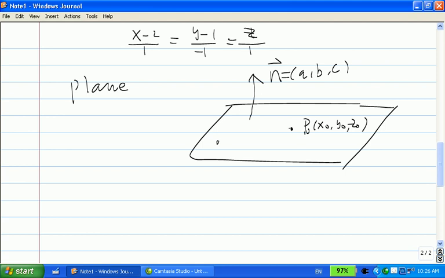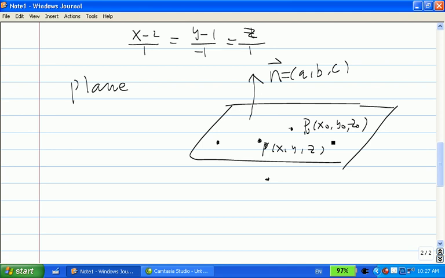Now we want to describe any point on the plane, say P (x, y, z). If this point is on the plane, it must satisfy some equation, because most of the points in space will not be on this plane.